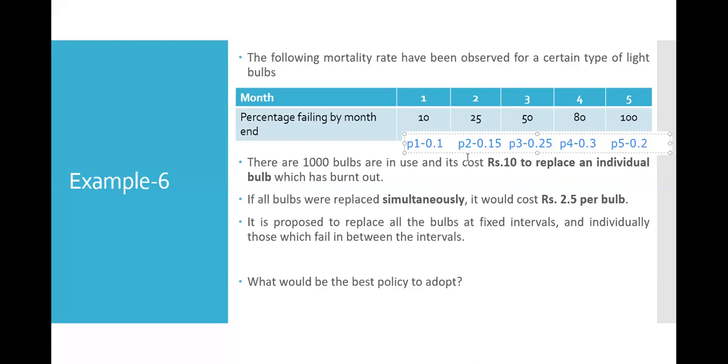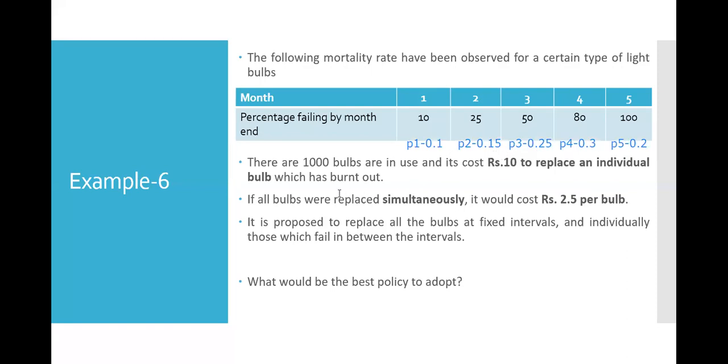If you sum all these, 0.1, 0.15, 0.25, 0.3, and 0.2, the summation would be 1. And 1 means total 100%, which is the mortality rate at the end. So it is 0.2 plus 0.3, which is 0.5, plus 0.25, which is 0.75, plus 0.15 which is 0.9, and plus 0.1 which is total 1, and 1 represents 100.